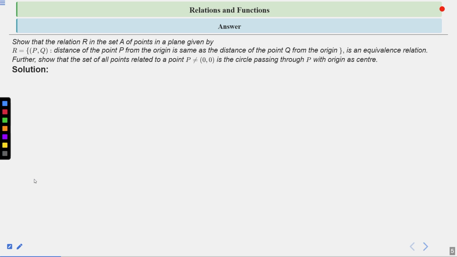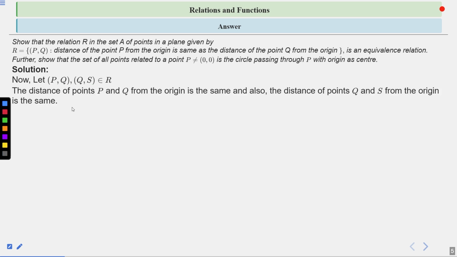Now for transitive. In order to show transitivity, we start with two pairs (P, Q) and (Q, S), and both belong to the relation R. So according to the first, the distance of points P and Q from origin is the same. Also the distance of Q and S from origin is the same.